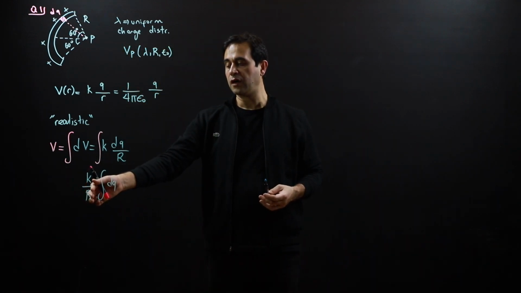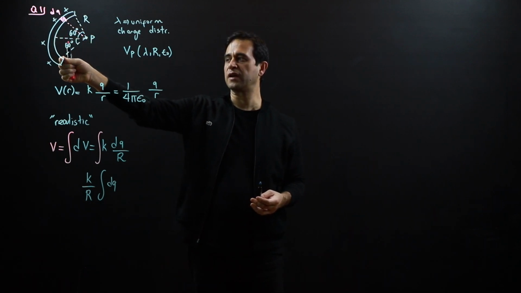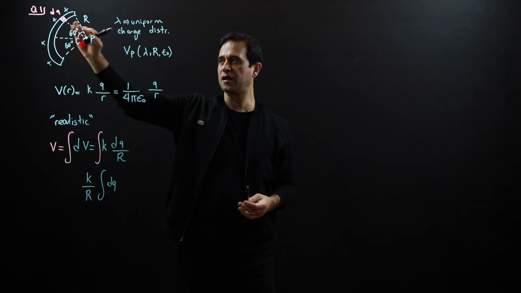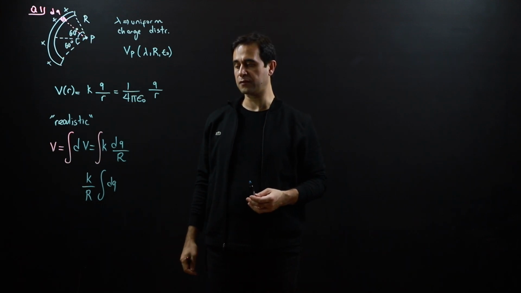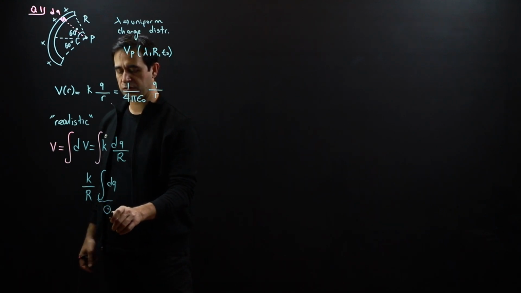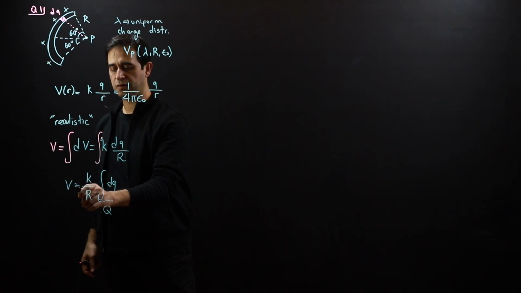I also took r out of the integral because all these dq's, which are randomly chosen, are always located at the same distance r away from P. And this integral gives us the total charge Q, multiplied by k divided by r. So that's Vp.